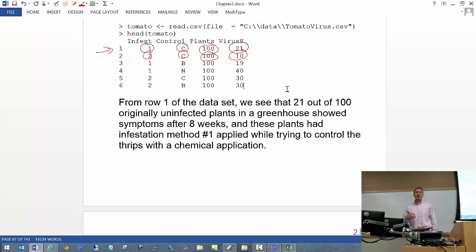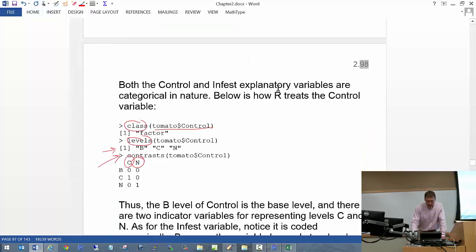So what we have here are 2 different qualitative variables, and we're trying to estimate the probability that a plant becomes infected. So there were a number of greenhouses set up where there were 100 plants, and virus H is our response, which denotes how many plants became infected. Okay, so that's the data that we've been looking at.